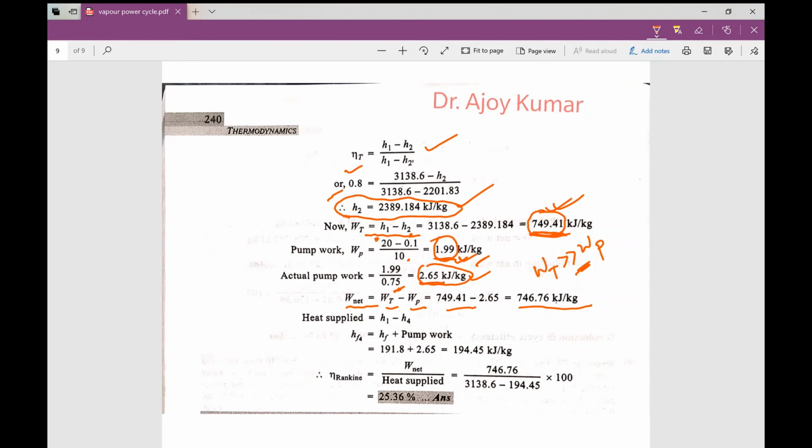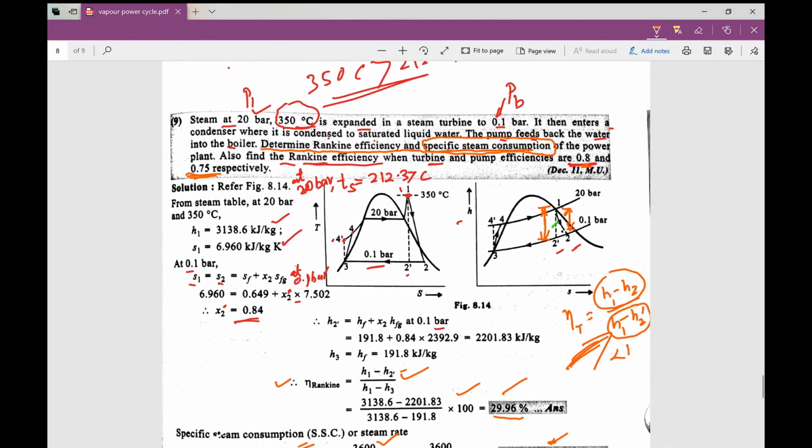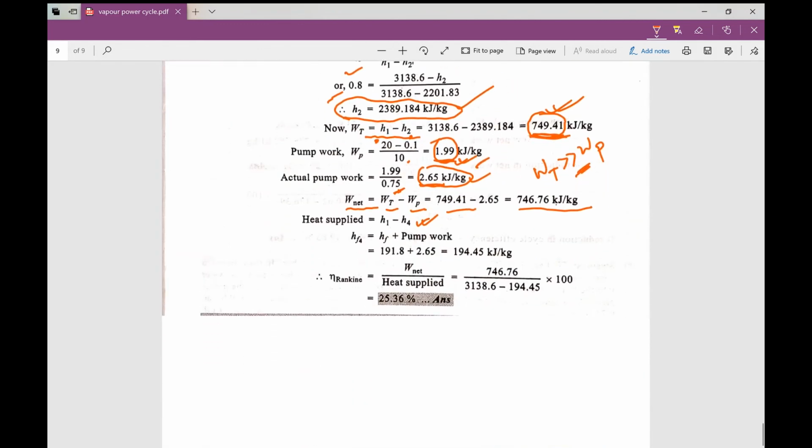Now heat supplied. I told you, dear students, that after the pumping process, in the actual one, that is from 3 to 4, from point 4 onwards heat is supplied in the boiler. So we should write H1 minus H4 as the heat supplied.